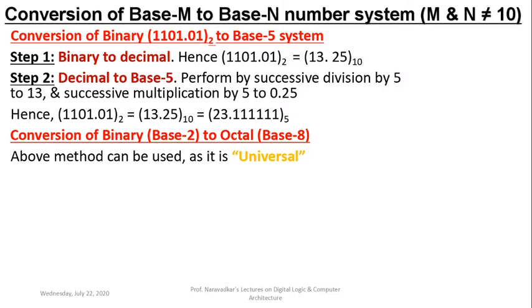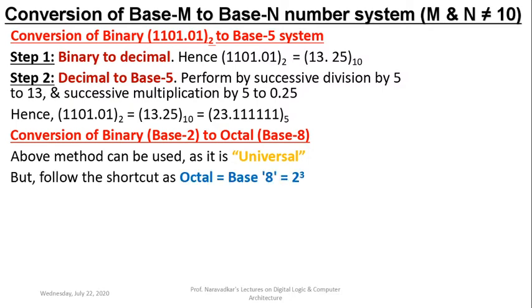But here observe the bases: the base of binary is 2, the base of octal is 8, and there is a mathematical correlation. Base 8 is nothing but 2 to the power 3. So using that correlation we can have a shortcut method where the intermediate conversion to decimal is not required.